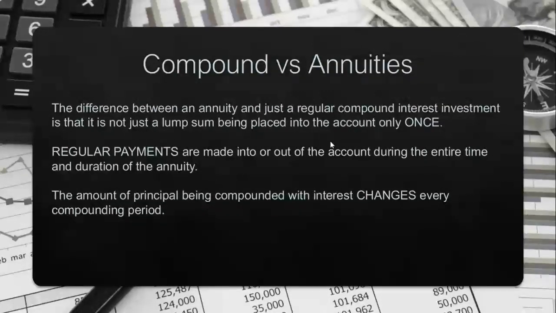With compound interest, we just have $10,000, and sure, we gain interest on interest, but the principal stays the same. With annuities, my principal changes. Maybe at the beginning of the year I have 10,000, but a month in, I have 11,000. So my principal value changes, and that's why we talk about payments in this formula.